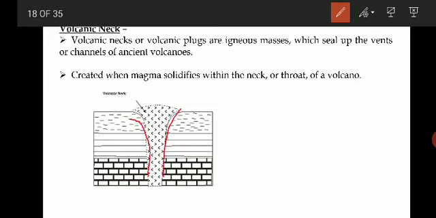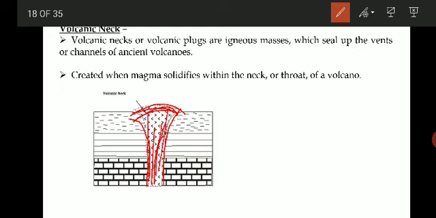This is an old channel, wherein magma has already erupted and come out on the surface. Later there was again a volcanic eruption, and here it has sealed up the vent or the opening of the ancient volcano.